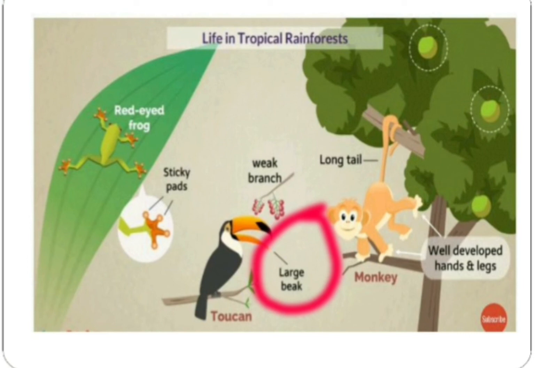This helps the toucan to reach the fruits on branches which are otherwise too weak to support its weight.